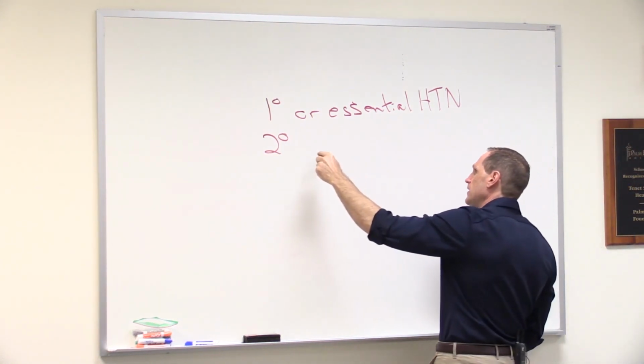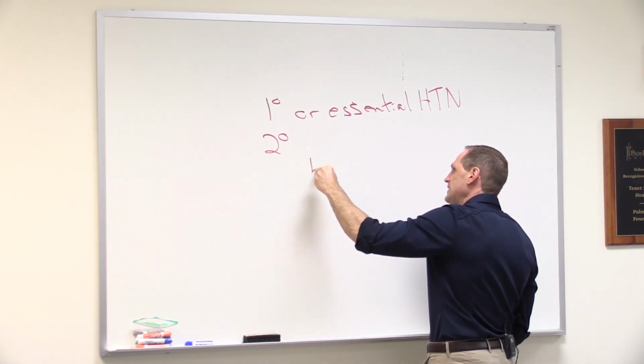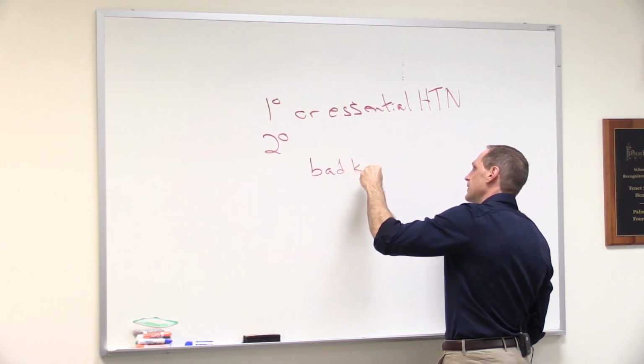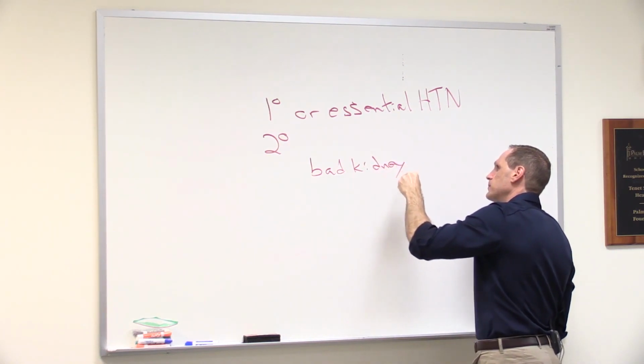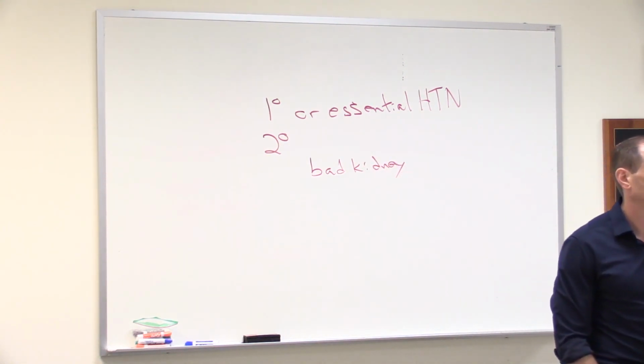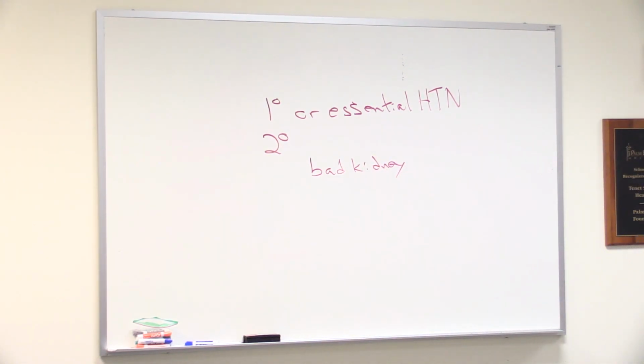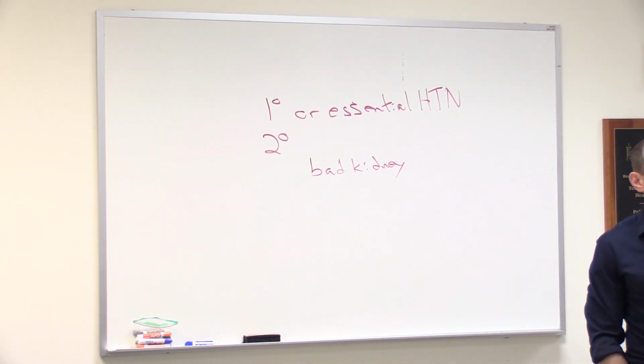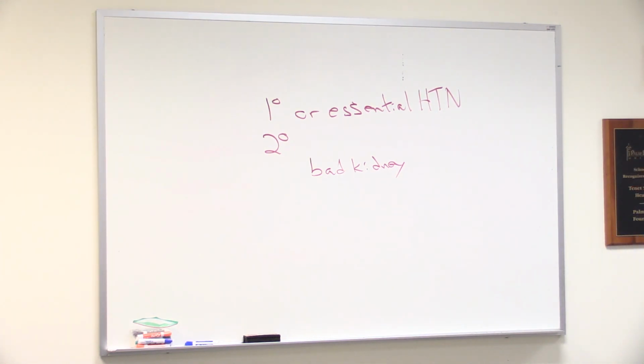So for example, if you have bad kidneys, how could that lead to high blood pressure? By not getting rid of enough fluid, you retain fluid, and that leads to excess blood volume, high blood pressure.